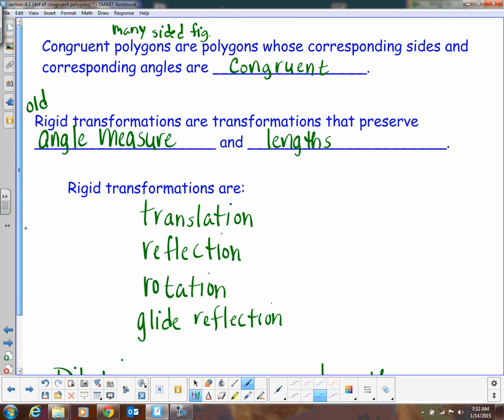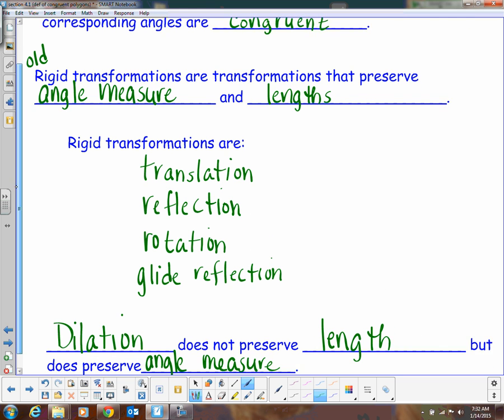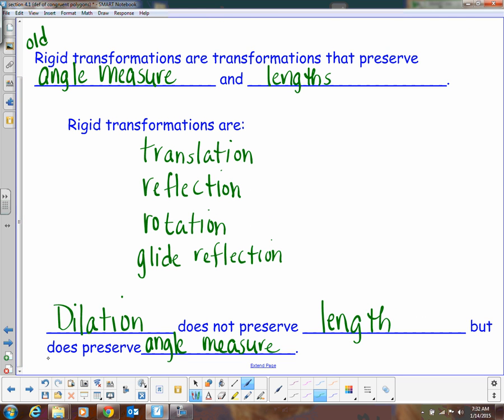But they expect you to link our congruent polygon unit to our transformation unit. So the more we can circle back and the more we can remember what we've done in the past, the more prepared you are for your EOC.